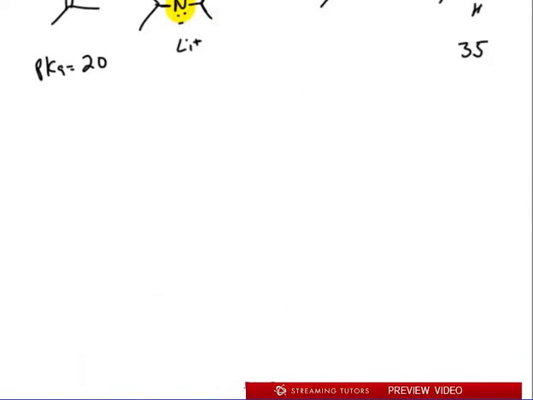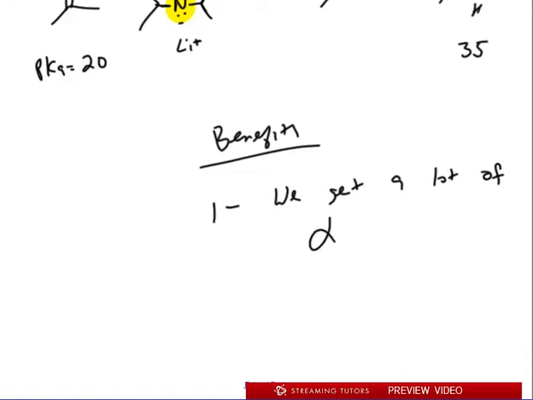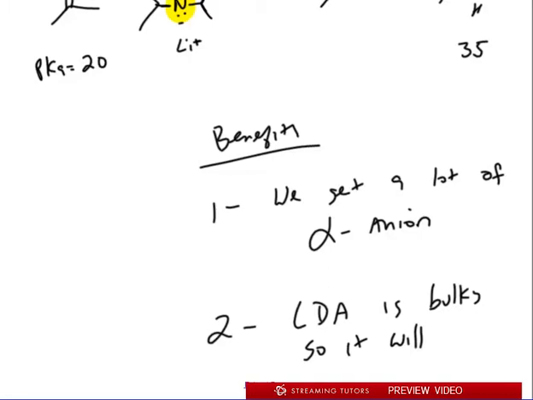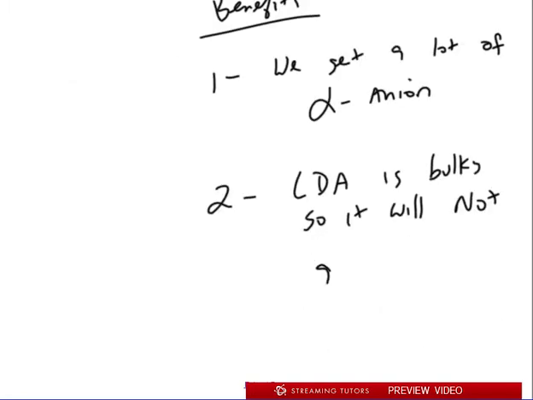Now, here are the 2 benefits of LDA. Number 1, we get a lot of alpha anion, which is what we need for the next step. Number 2, LDA is bulky, so it will not attack the carbonyl carbon.